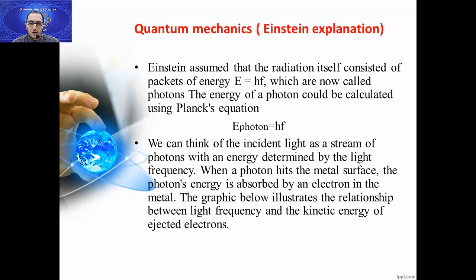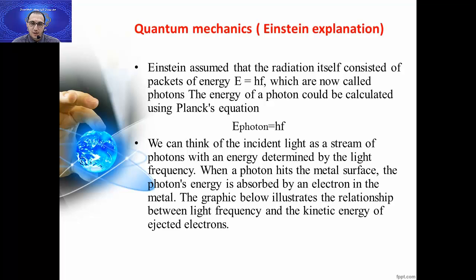Now we can think of the incident light as a stream of photons. The light does not consist of just one photon, but more than one photon, with an energy determined by the light frequency. When a photon hits the surface of the metal, the photon's energy is absorbed by an electron.